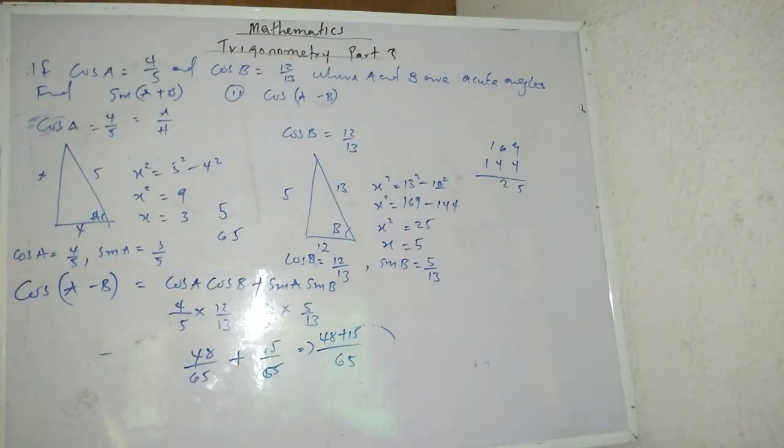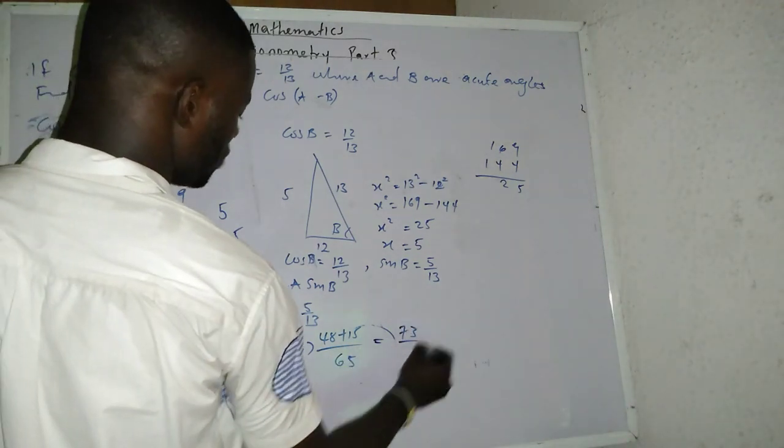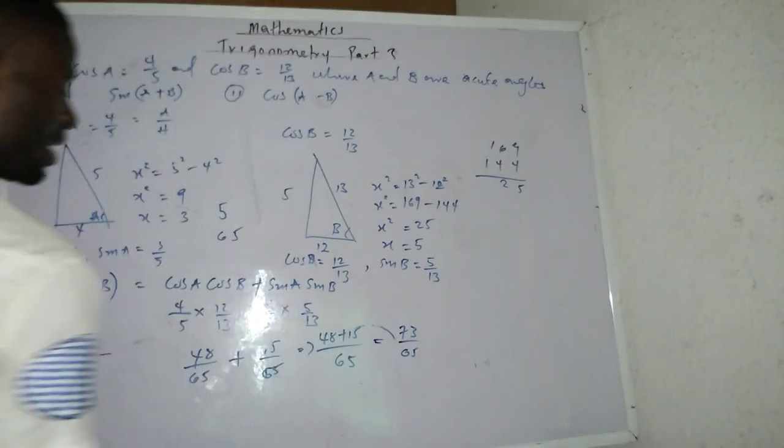If I add up, 5 plus 8 is 13, that'll be 73. I'll be having 73 all over 65.